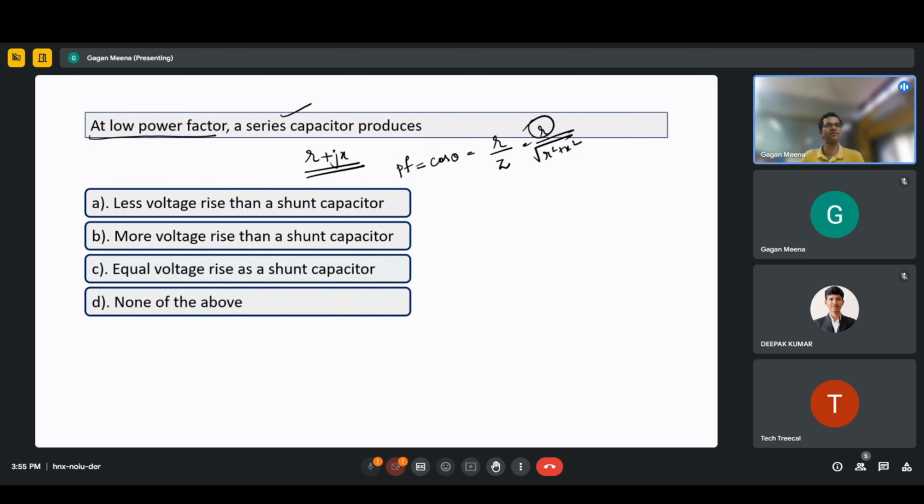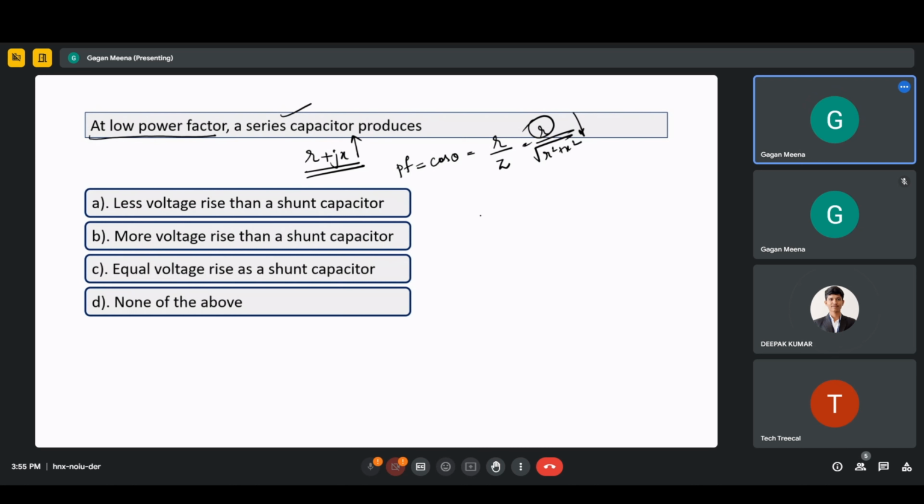If R is almost the same and X is increasing, not reducing, then this will reduce overall.